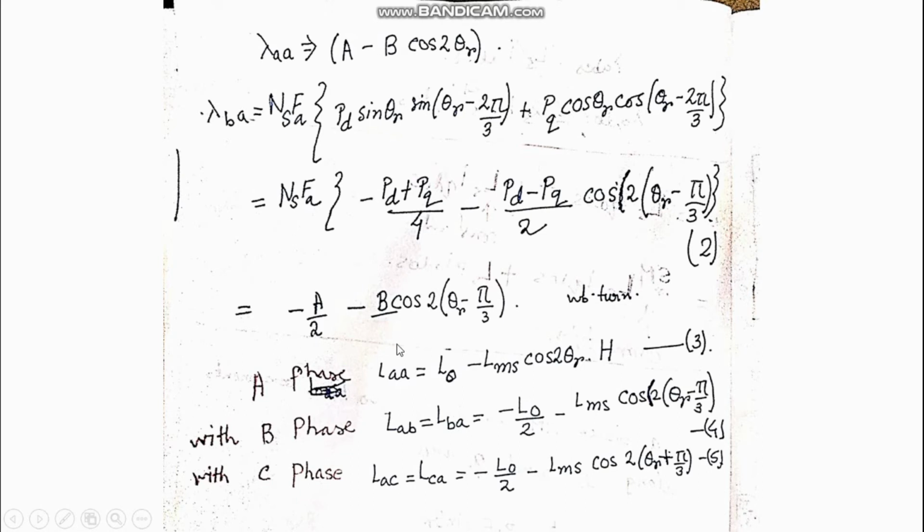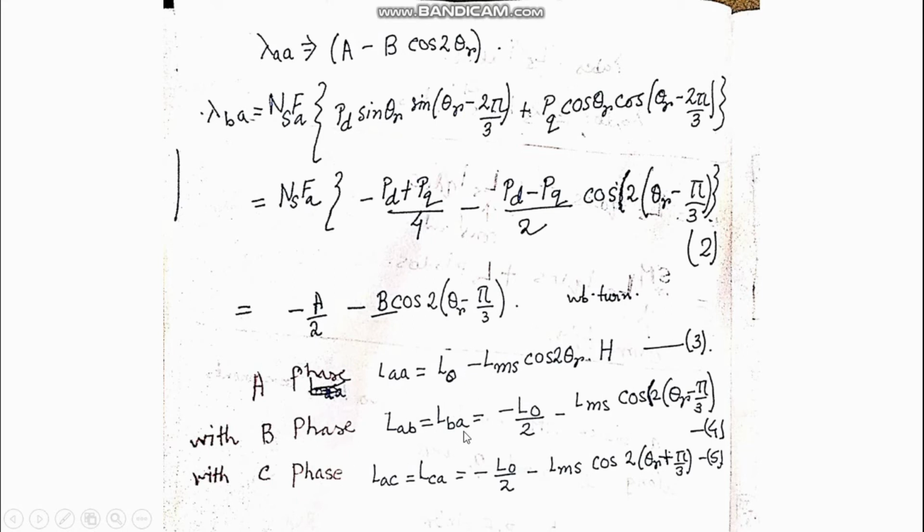Flux linkage lambda is equal to L into I. Lambda, flux linkage, is equal to the value of inductance into current flowing through that coil. So here we are assuming L naught is the constant; if you divide this A by the corresponding current value, you are going to get L naught.